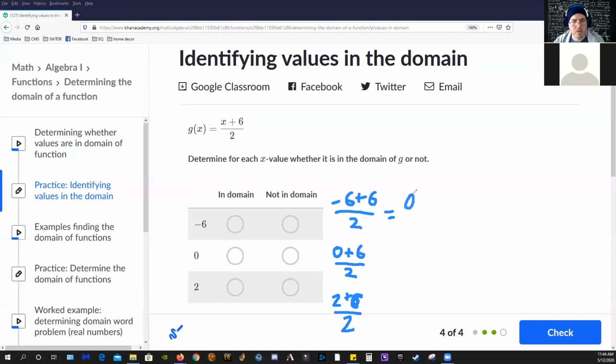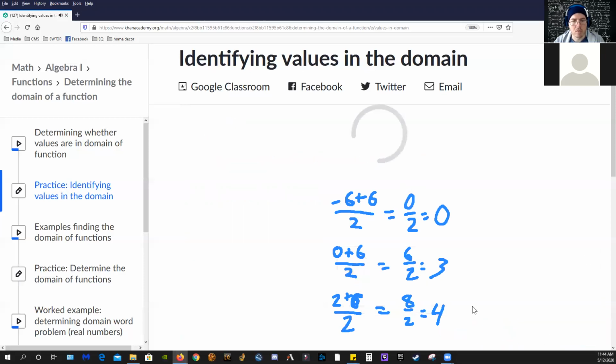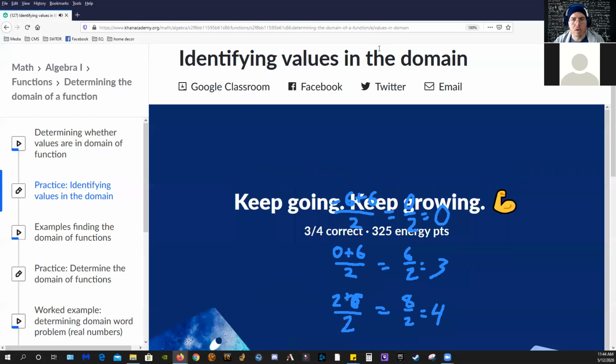This would be 0 divided by 2, which is 0, which is fine. This would be 6 divided by 2, which is 3, which is normal. This would be 8 divided by 2, which is equal to 4. Nothing weird here. Nothing came out bizarro. So they're all fine. And I'm going on to my next lesson.